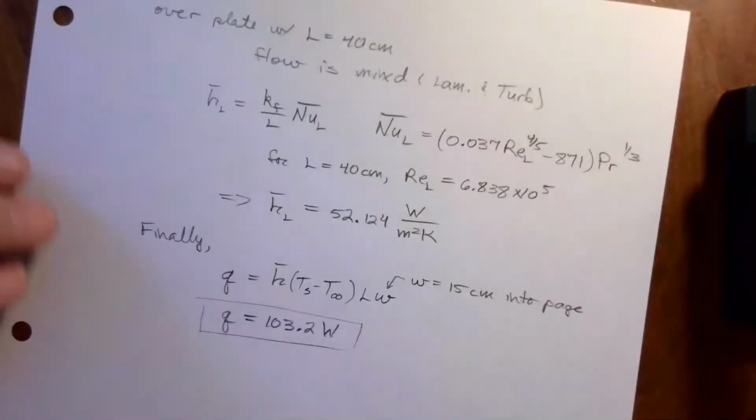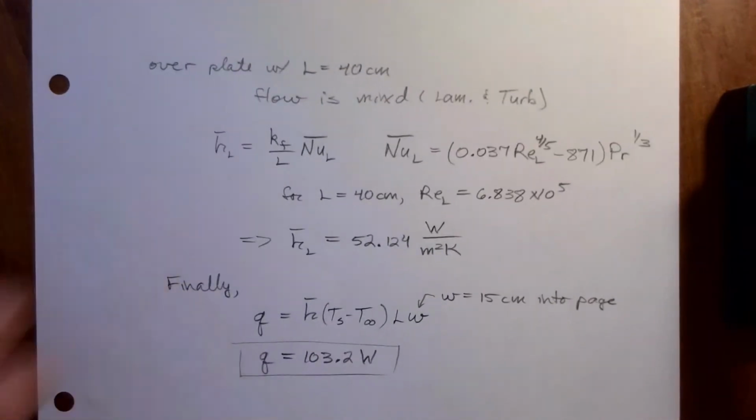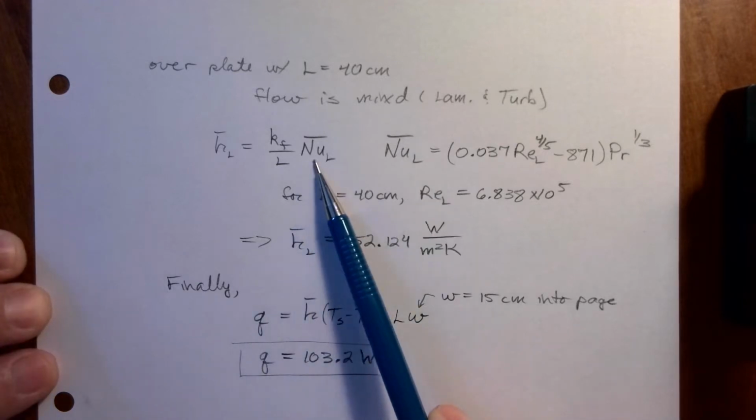Okay, so continuing on, considering we need the average heat transfer coefficient over a length of plate of 40 centimeters, that's going to be mixed flow. Right, up to about 30 centimeters it's laminar, and then it's turbulent for like the last 1/4 of the length. So in that case we're going to use an average correlation.